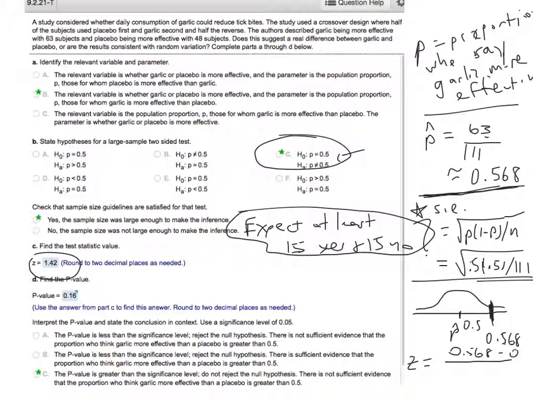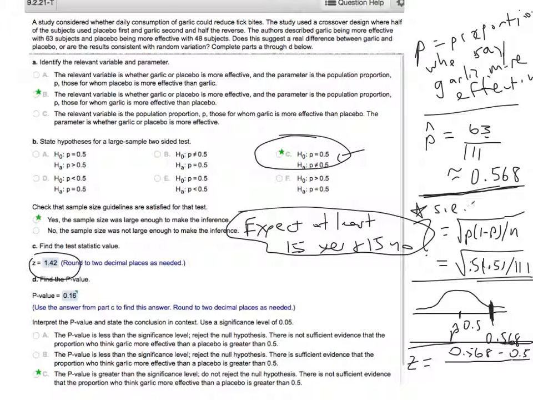So that's the difference between my observation, my observed 0.568, this happened in the data, and the mean of the distribution, that's the center of the distribution, divided by the standard deviation of this distribution, which is what this calculation is doing. I didn't actually calculate that yet.